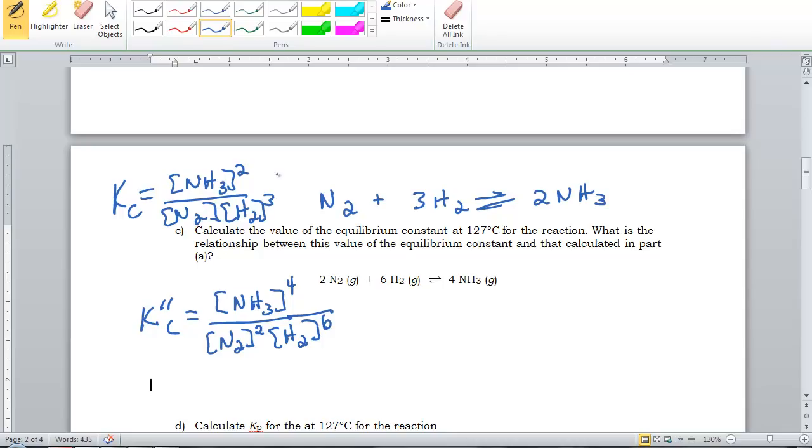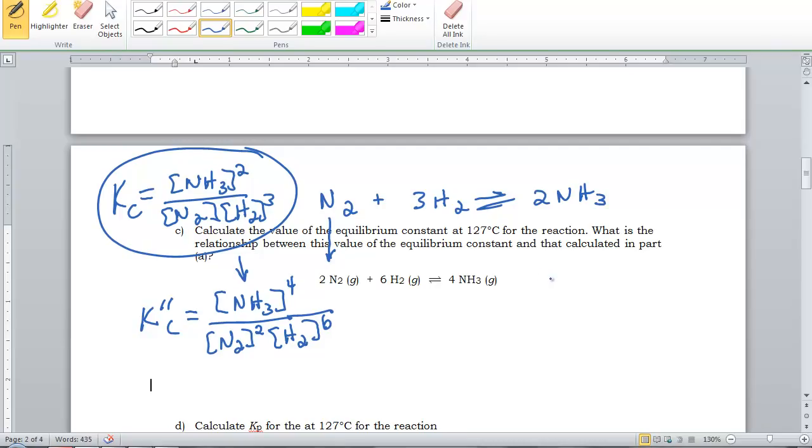So compare our original expression to this one. And compare this reaction to this one. So let's look at the reactions first.